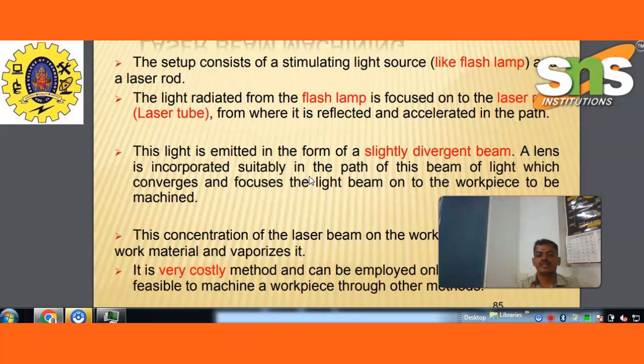A lens incorporated suitably in the path of the beam converges and focuses the light beam onto the workpiece to be machined. This concentration of the laser beam makes the workpiece melt and vaporize the work material. It is a very costly method and can be employed only when it is not feasible to machine the workpiece through other methods.